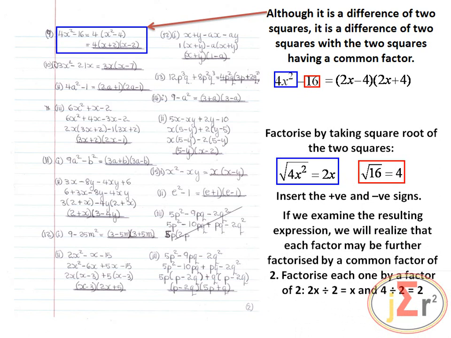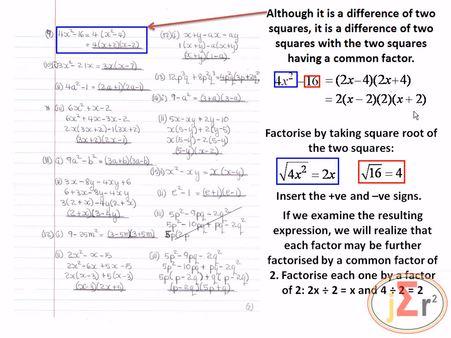If we examine the resulting expression, we will realize that each factor may be further factorized by a common factor of 2. Factorize each one by a factor of 2. So we have right here 2x minus 4. Common here we have 2. 2x plus 4. Common we have 2.